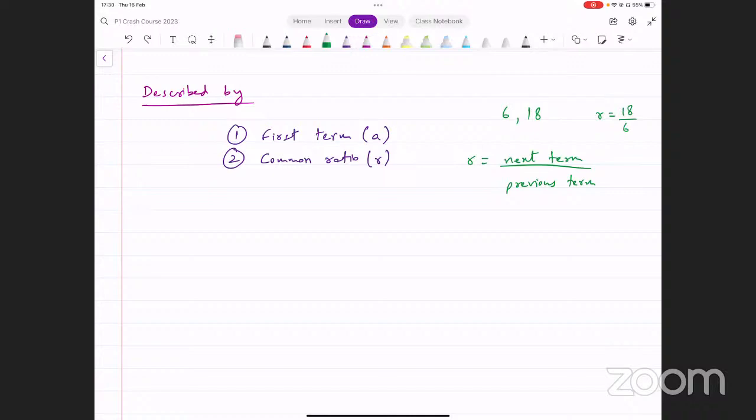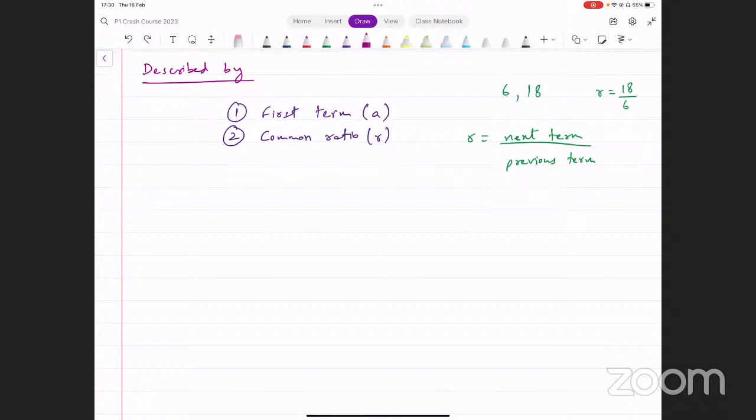All right. So now, just like arithmetic sequence, we need to know a few things about a GP. We need to know what the nth term of a GP is. All right. Let's think about that. Nth term of a GP. Tn equals AR raised to power n minus 1.